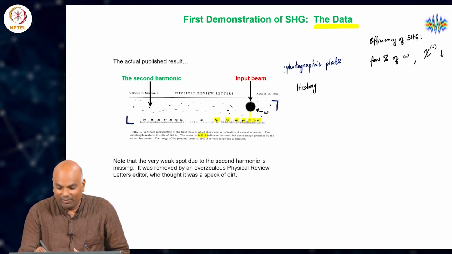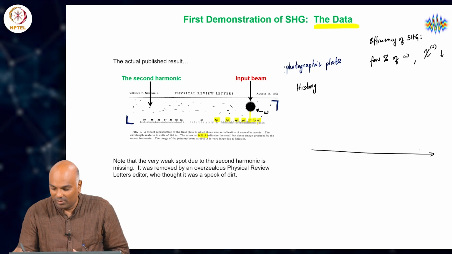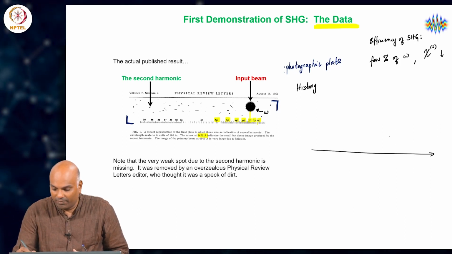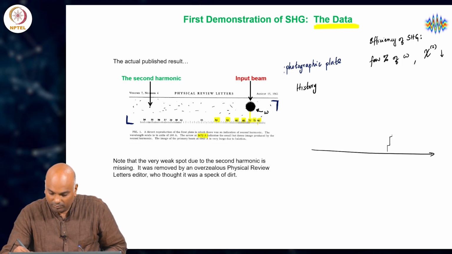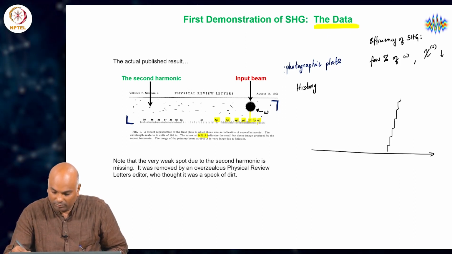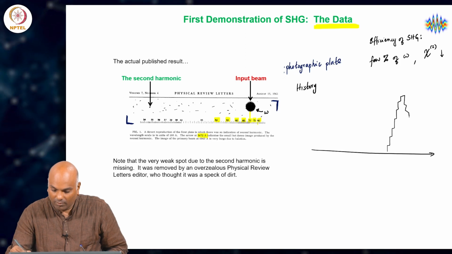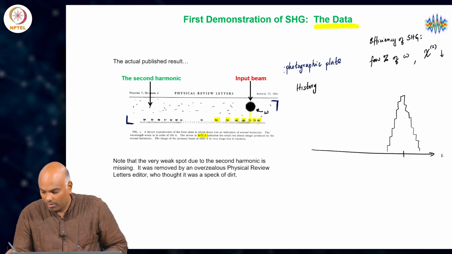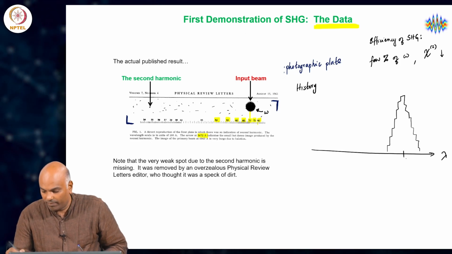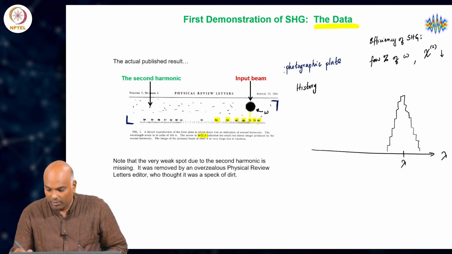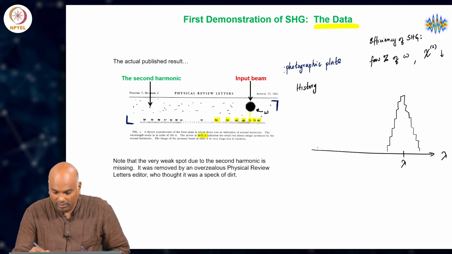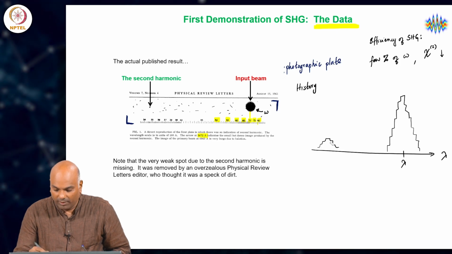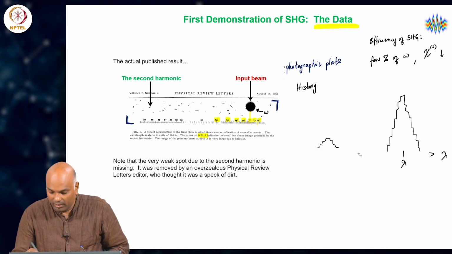So, if we were to really look at this on such a scale, so you have like a huge histogram for lambda of the fundamental, and perhaps maybe even this is probably exaggerated.